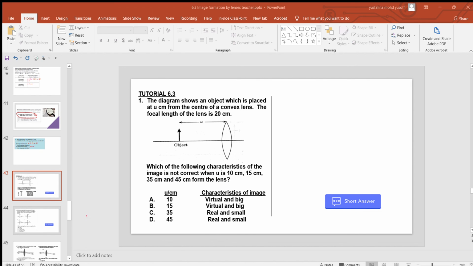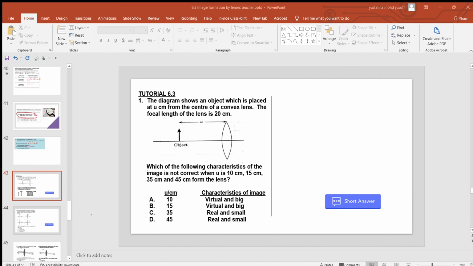The next one is v. For v, you need to see what type of image is formed. If the image formed is a real image, your v should be positive. Let's say your image distance is 5 cm, so you should put positive 5 cm.